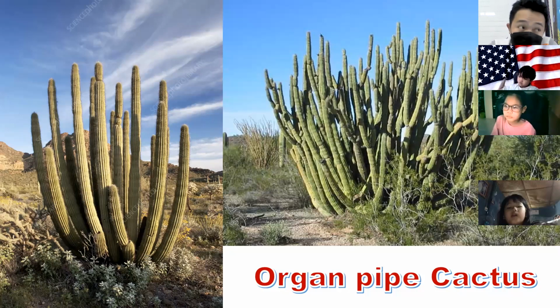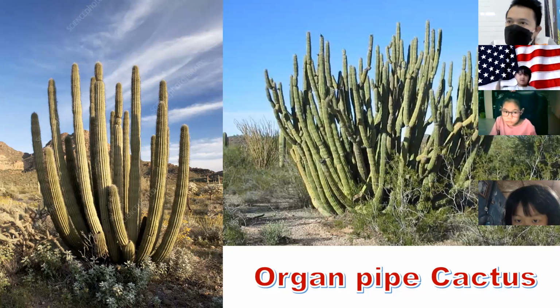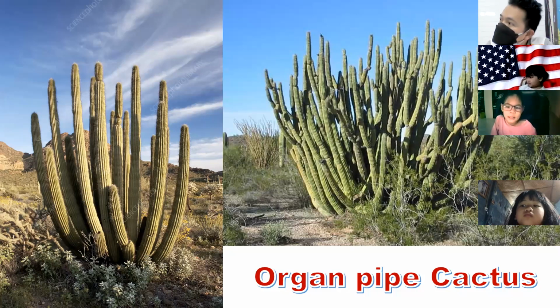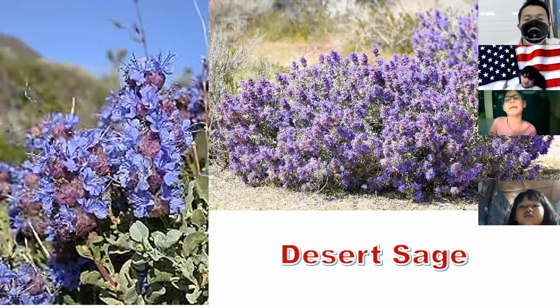So there are plants that usually grow in the sand. Next, desert sage.